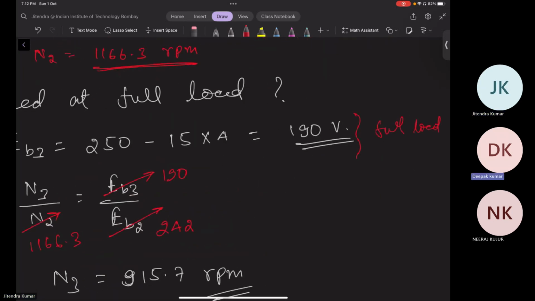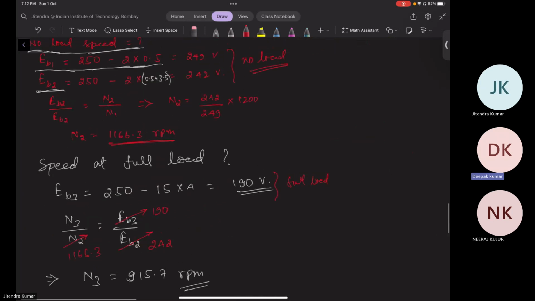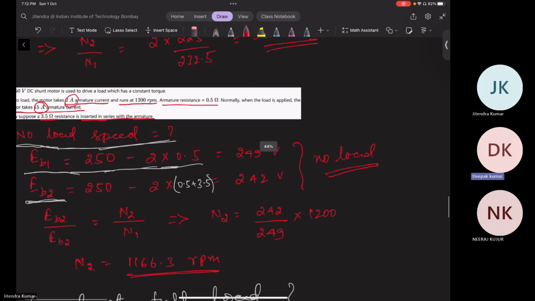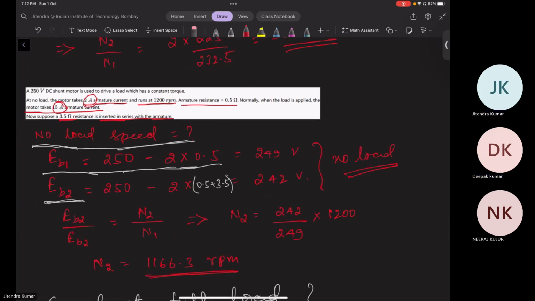So at no load, whatever resistance we insert, the armature has to take 2 ampere current. Yes, because there is no change in field, and the load torque is also the same. Yeah, constant torque you can see here.